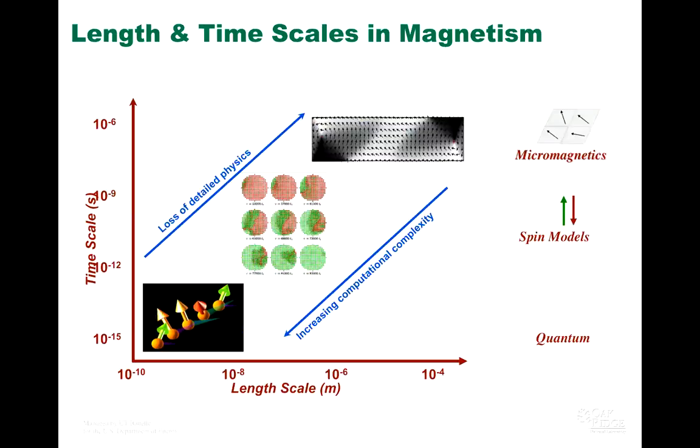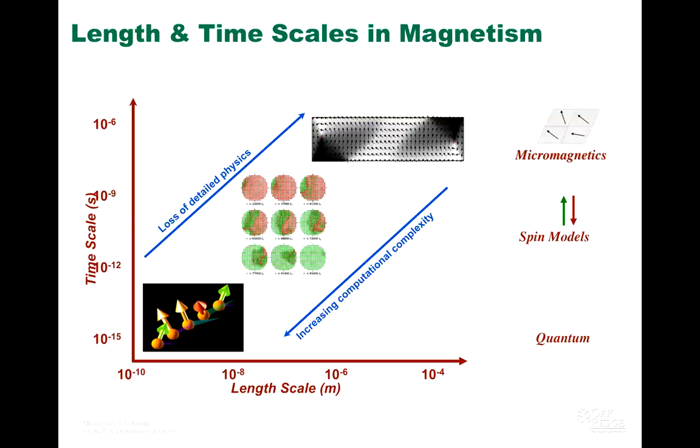On this slide, I show you the time scales and length scales we have to deal with. On the very small scale, we can do direct quantum mechanical density functional theory calculations, where we can deal with a few atoms, by now, as I said, up to a few thousand atoms, and at very short time scales.